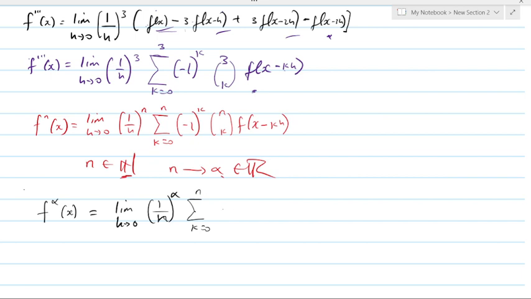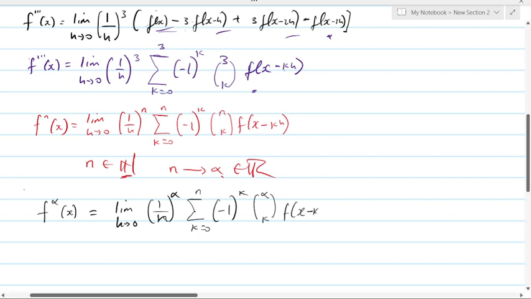Your summation will still be positive integer, and then your minus 1 to the k, so you have your alpha combination k over f of x minus k h.